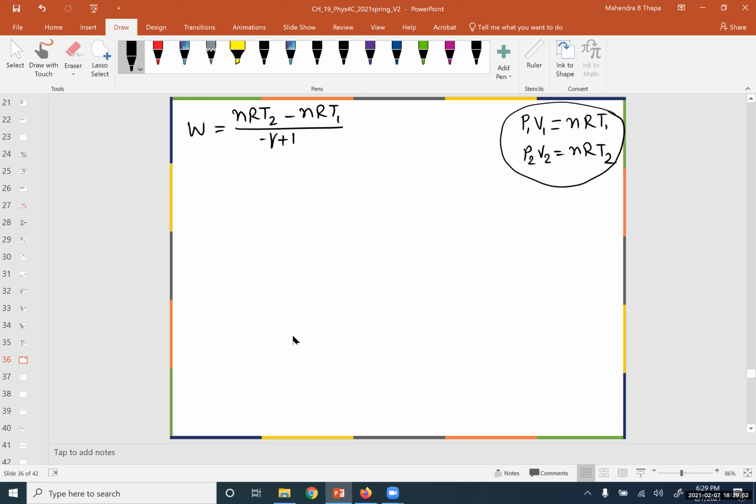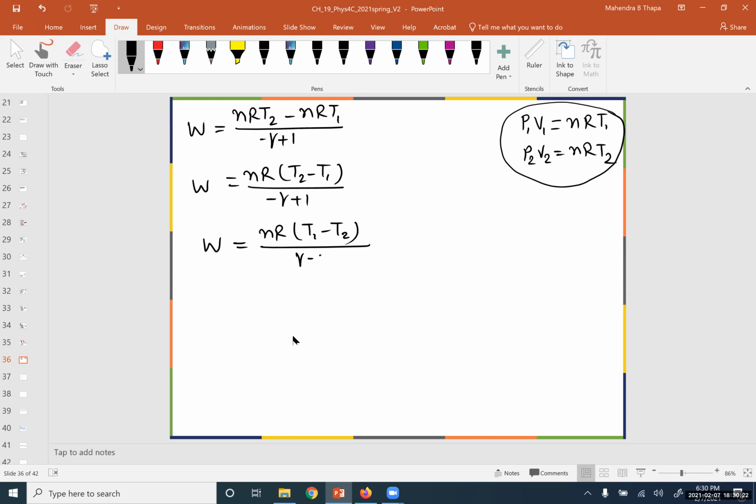Okay, so we can write this as nR(T2 minus T1) over negative gamma plus 1 is the work done. So we can write that as nR, I'm flipping T2 minus T1 to T1 minus T2, and if you flip that, I'm also flipping here, gamma minus 1.